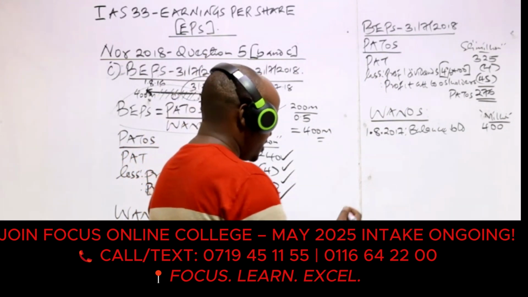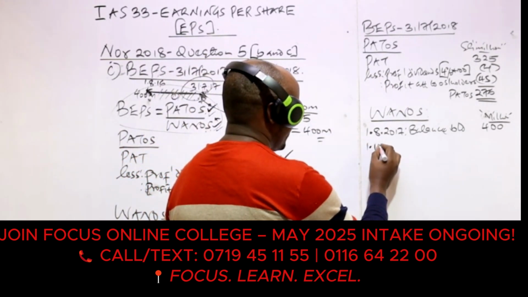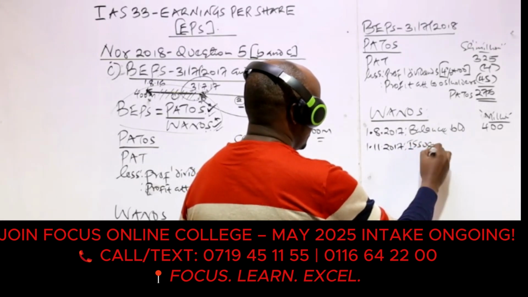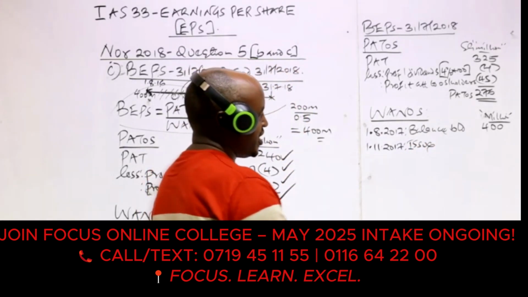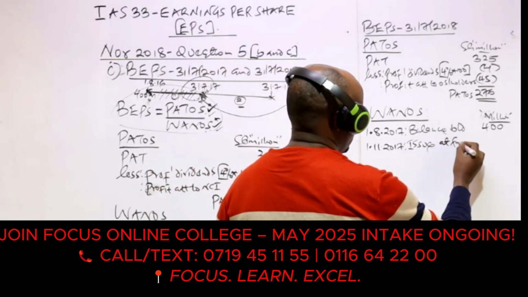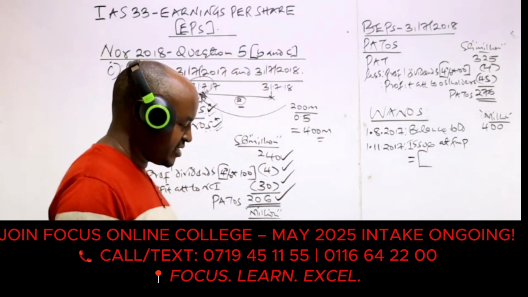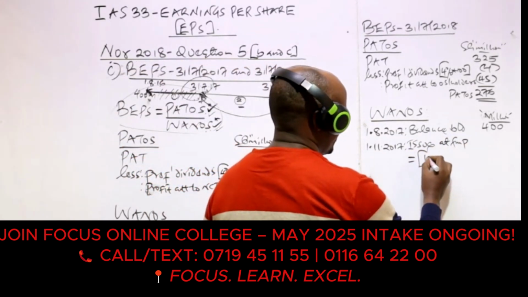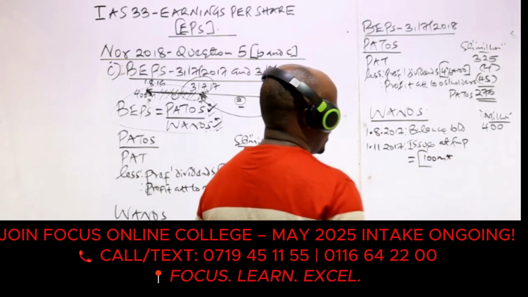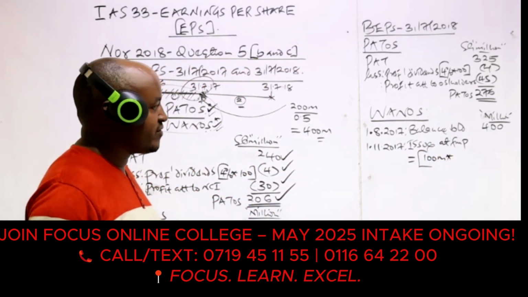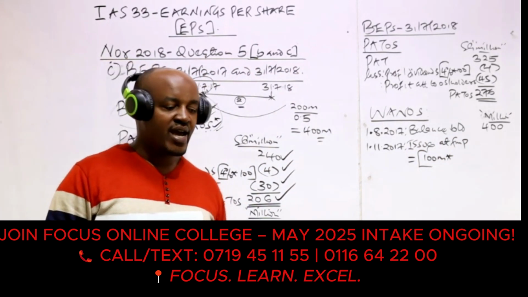So therefore, what we say here is that on 1st November 2017, we describe that particular transaction as issue at full market price. Now, you have to recall what we said in our previous session, that such shares which are issued at full market price are supposed to be multiplied with the proportion of time they were held during that year. So basically, these shares were issued from 1st November. So they were held for how many months?